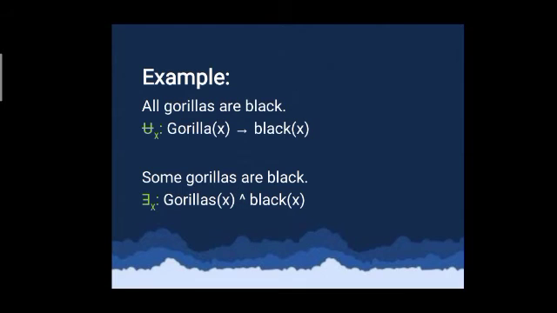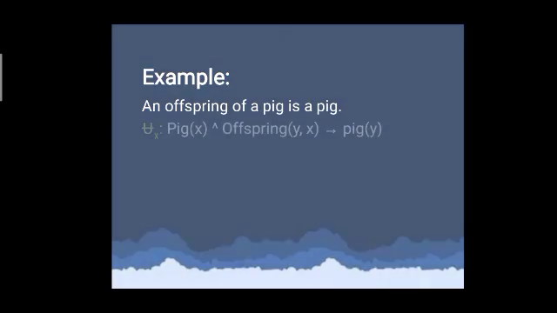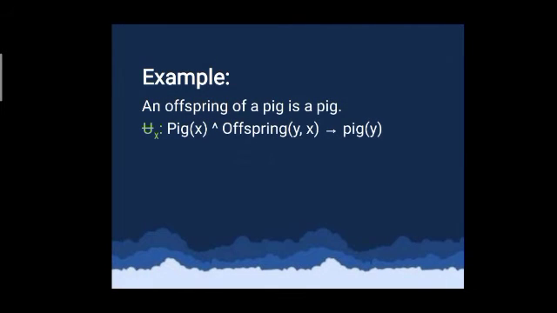Another example is an offspring of a pig is a pig. Now, the subject here is the pig. So we will write for all x, we will store pig in x, and then we are going to use a predicate that is offspring, because offspring is a sort of a relation, hence that will become a predicate.